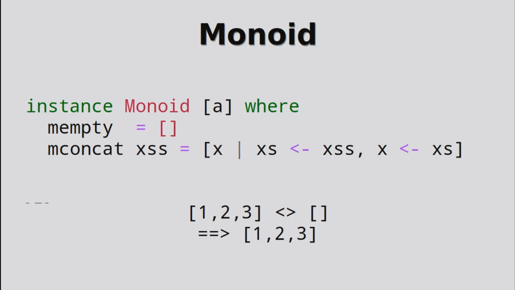And appending some list to the empty list is the same as not appending anything at all to anything. Okay, we see that mconcat is this list comprehension here, and it's up to you to figure out if this is actually equivalent to this folding that we wanted to have before.